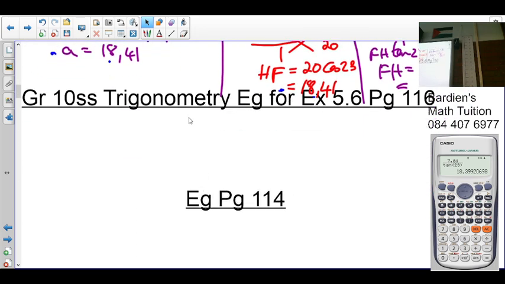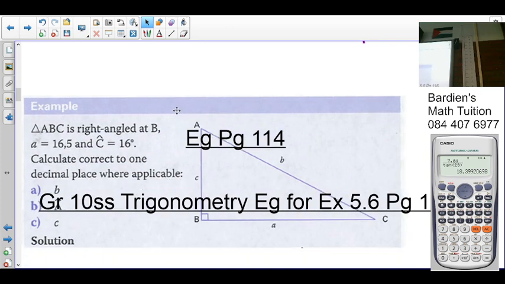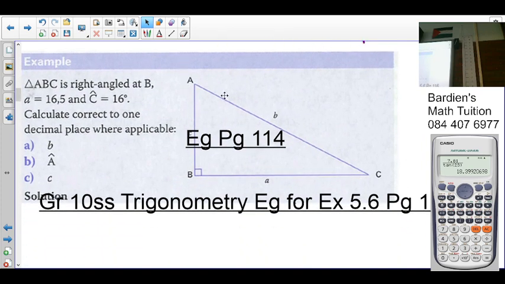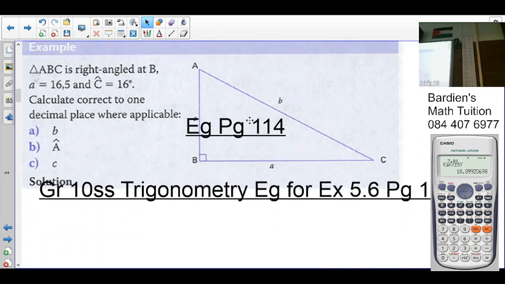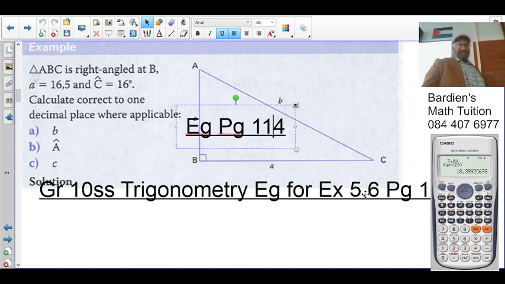So now we're looking at the next example, example 2, on page 115. This is still examples for exercise 5.6.